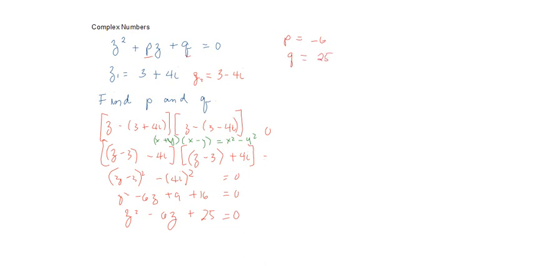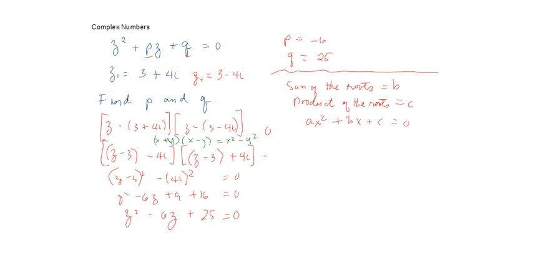Okay, there is another way of solving this. If you remember your lesson in junior high school, the sum of the roots and the product of the roots relate to the coefficients of the form ax squared plus bx plus c equals 0.